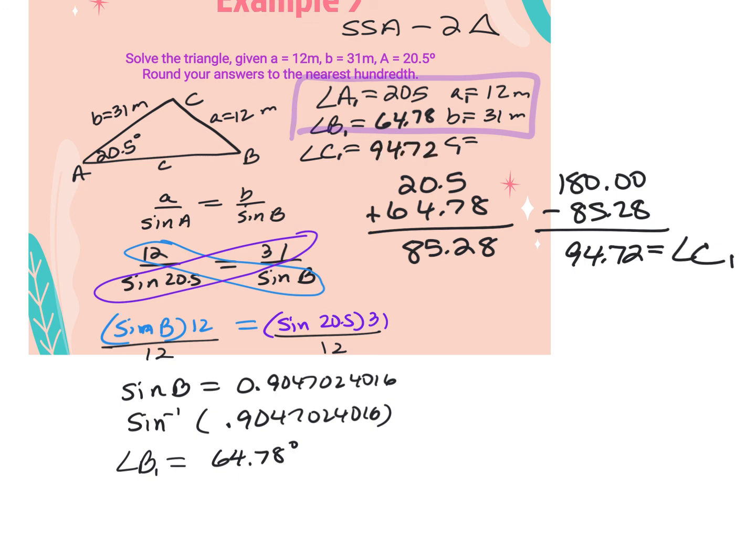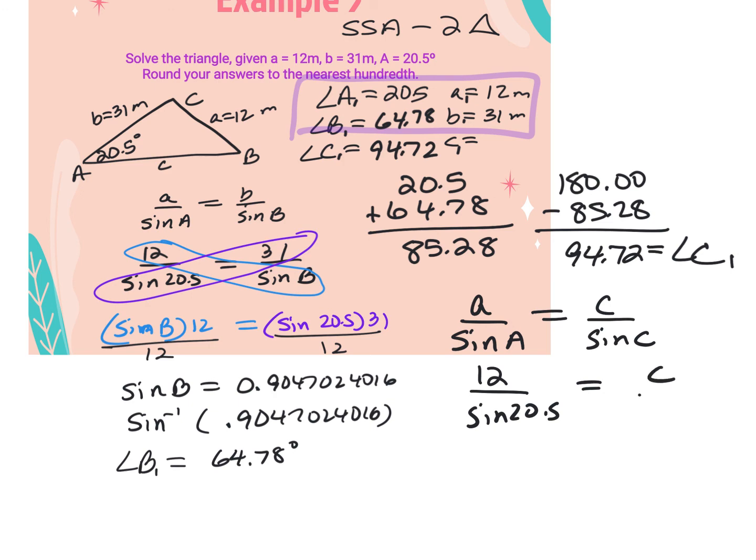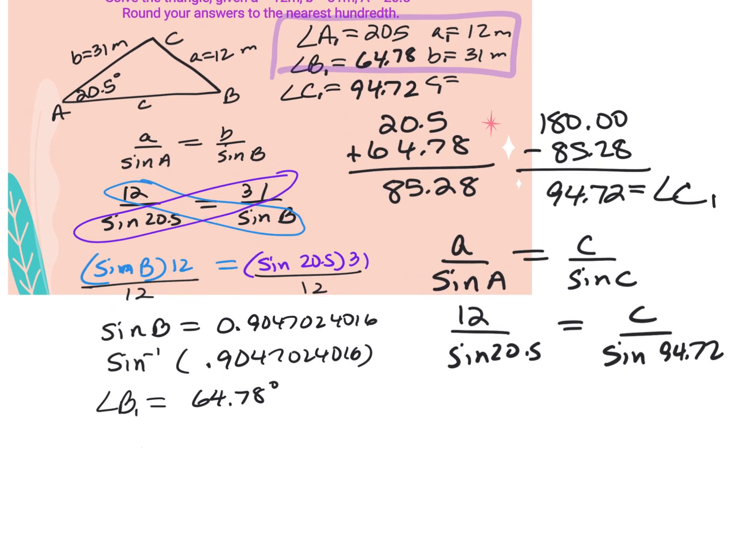Now I use that angle C and do a proportion. Again, I'm going to go back to my original A values. So I'm going to do A over the sine of A equals C over the sine of C. So let me fill that in. I get 12 over sine of 20.5 equals C over the sine of 94.72. I'm going to cross multiply.